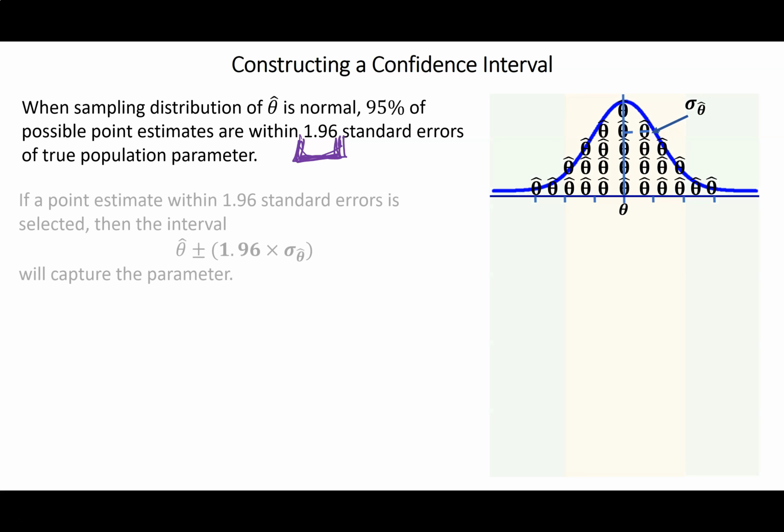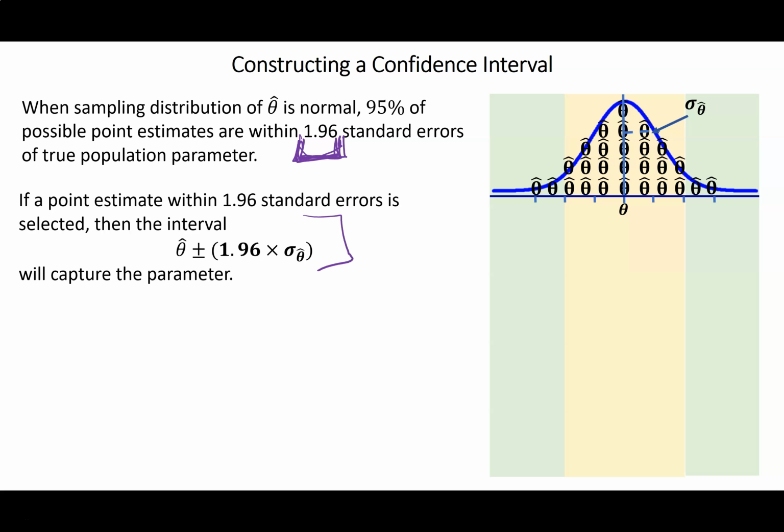The idea is if you have your point estimate within 1.96 standard errors, so this could be x bar, so x bar plus or minus 1.96 times your standard error, we'll capture the parameter.